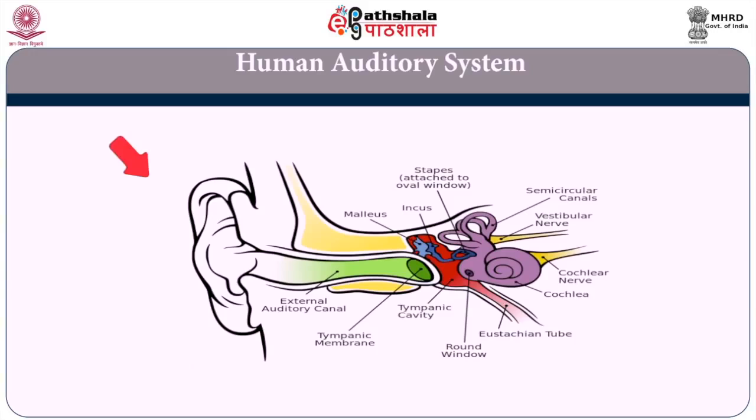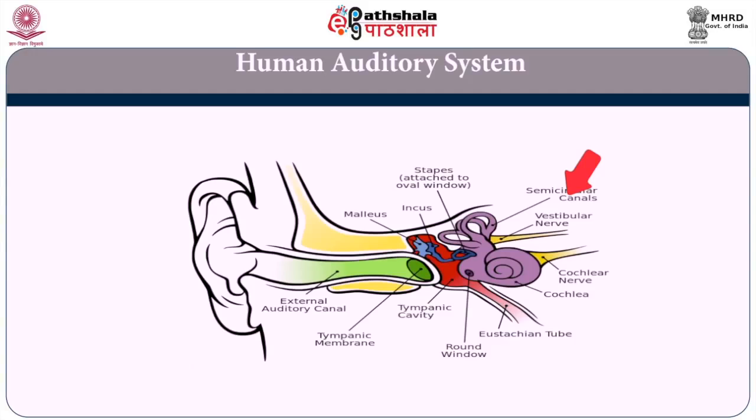But when sound enters through the outer ear, the three small bones in the middle ear carry that sound and convey it to the inner ear. In the inner ear, a lot of frequency and time processing takes place in the cochlea.